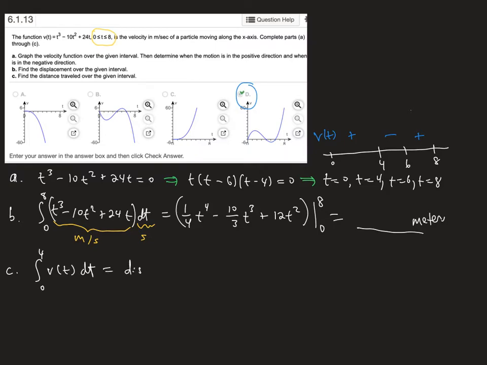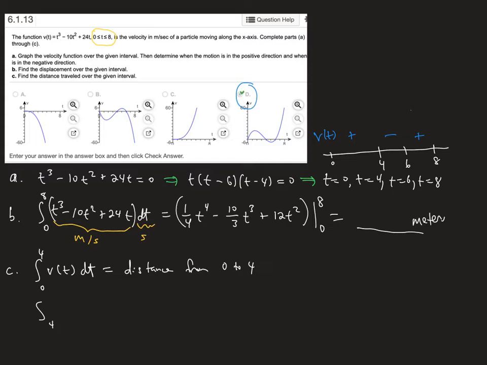So my journey starts off in the positive direction, and the distance that it travels in the positive direction is just this integral. So this really is distance, not just displacement, because the particle never changes its direction. So its displacement from 0 to 4 is the distance that it travels from 0 to 4. I wouldn't know that if I didn't know from A that the velocity was all the same sign, was positive for that whole time.